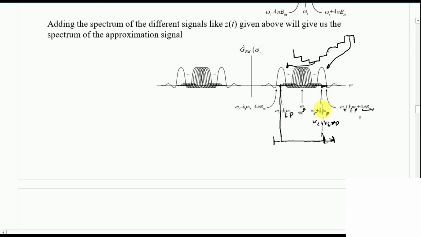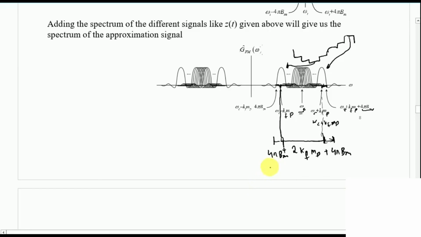So if we need to find the bandwidth, we can simply subtract this from this, and that would give you the bandwidth from this point to this point. This over here is omega c plus kf mp minus omega c minus kf mp, minus minus will become plus. So this would become 2 kf mp plus this side lobe, which is 4 pi bm, plus this side lobe again, which is plus 4 pi bm.